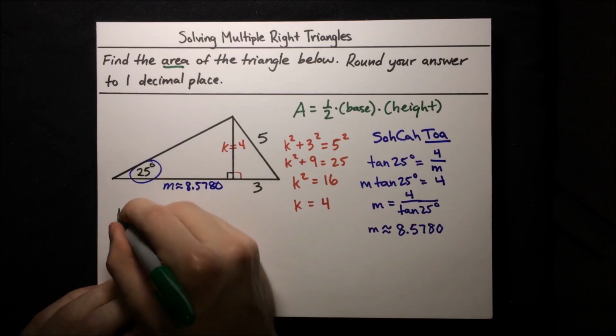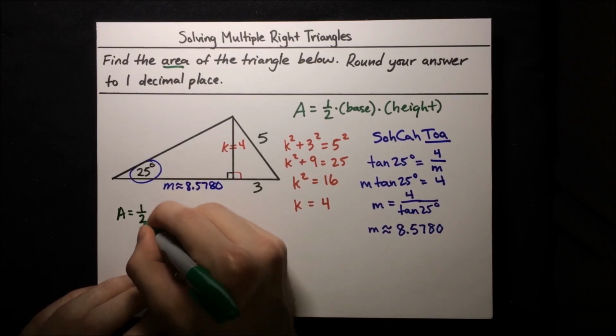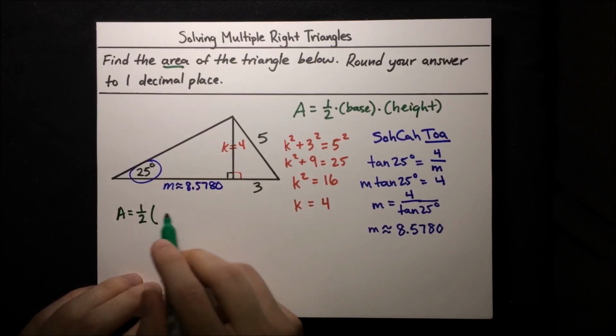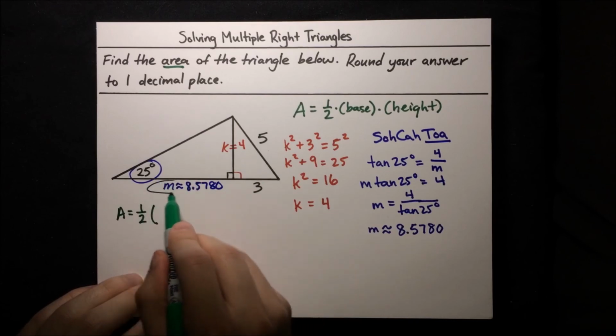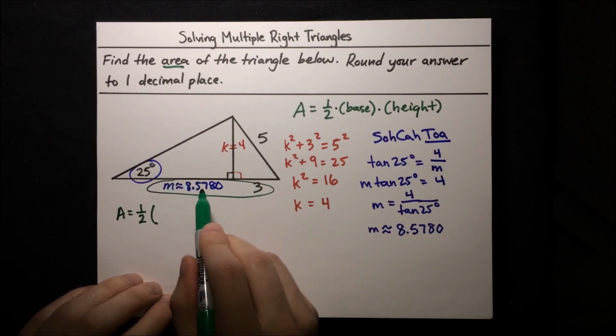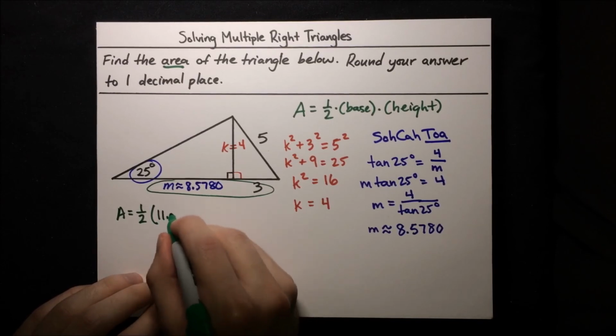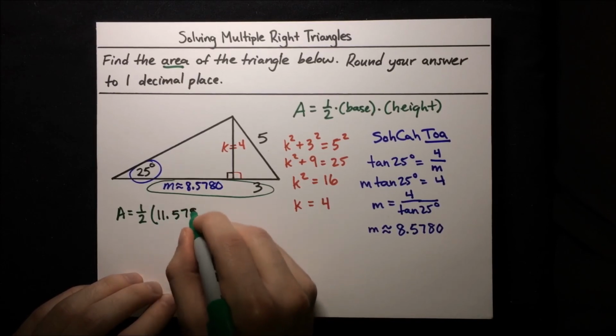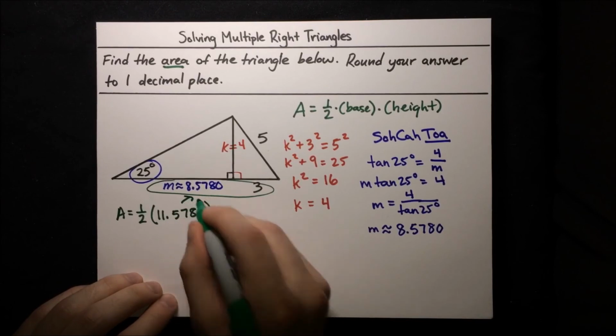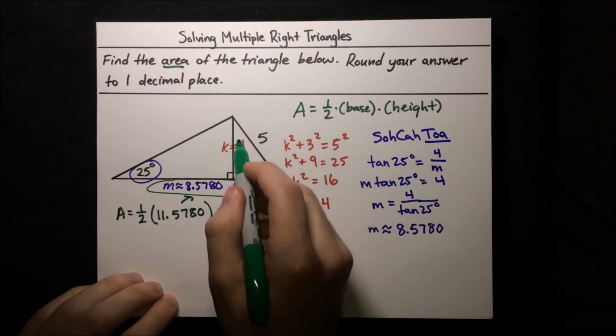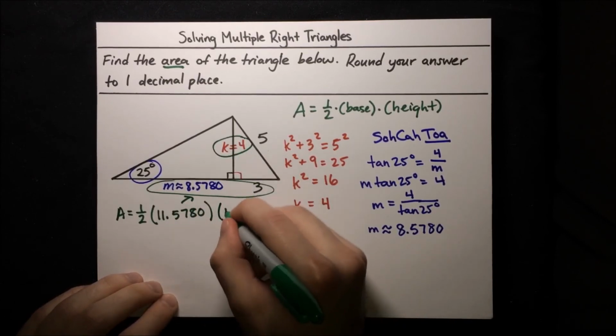So area is a half times base. Well, base is just m plus 3, so 8.5780 plus 3, let's write that down. That's just 11.5780. And then the height is now just k, so that's 4.